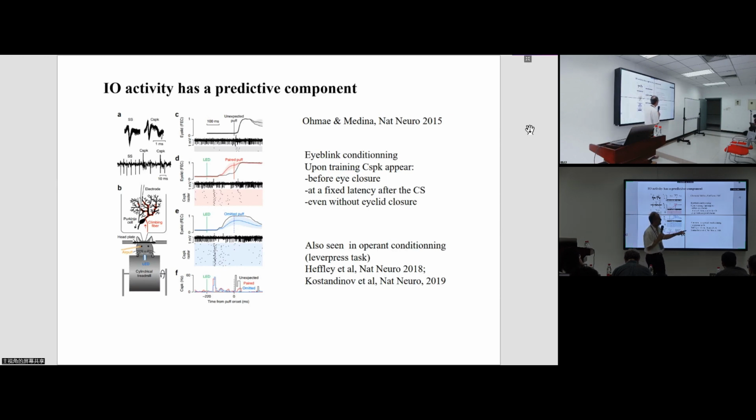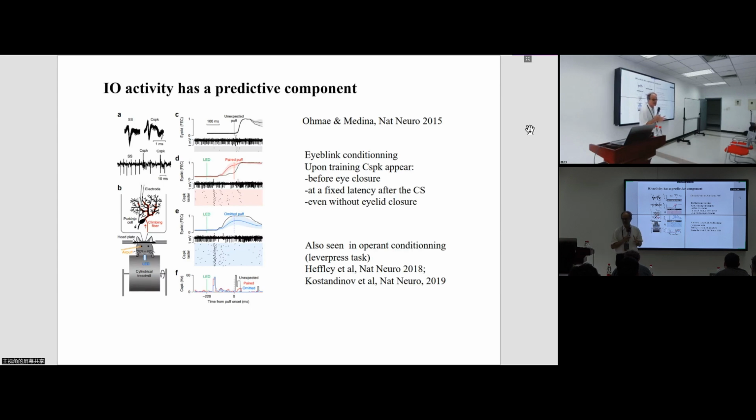And this has also been seen in operant conditioning tasks, where the mouse has to press a lever, except that the sign is not exactly the same here.